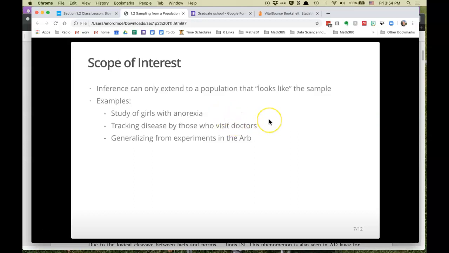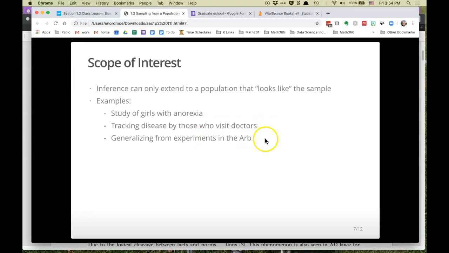If we're trying to track a disease, incidence of a disease, if we only have data on those who visit doctors, we don't really know what the incidence would be if there are some people who consistently would not visit a doctor. So this method of collecting data just based on those who visit doctors would have some sampling bias.